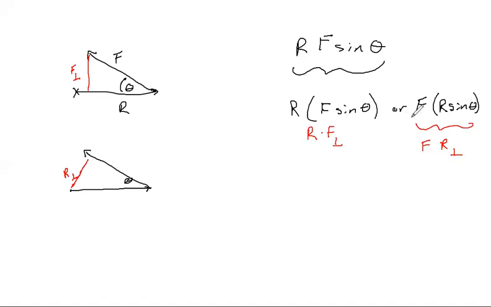It does not matter. You're just shuffling things around. And for different problems, it may or may not be more useful to use one or the other. But it's always the perpendicular information that contributes to the torque.